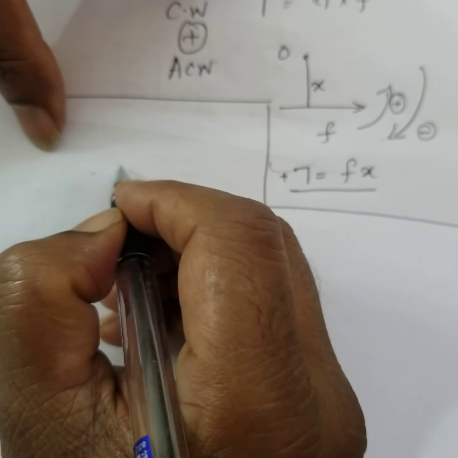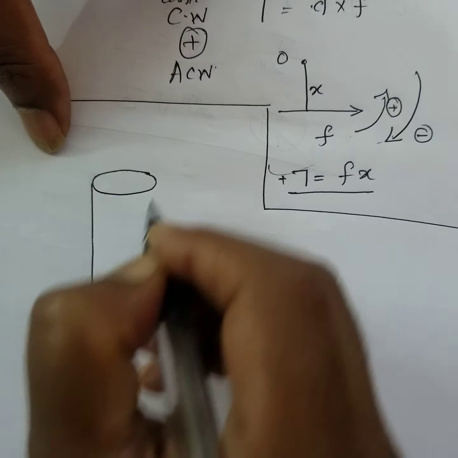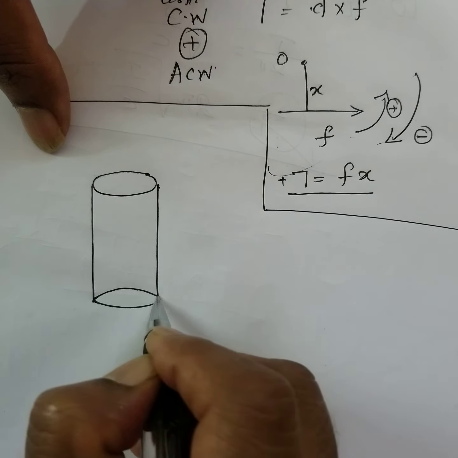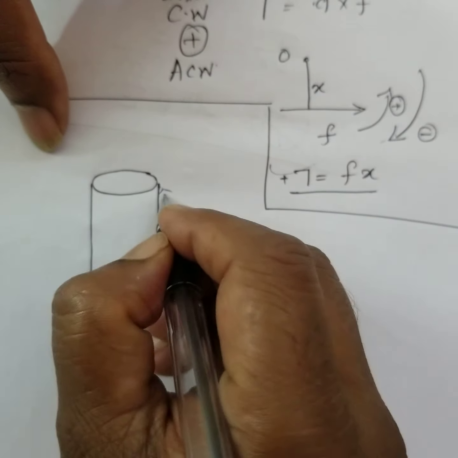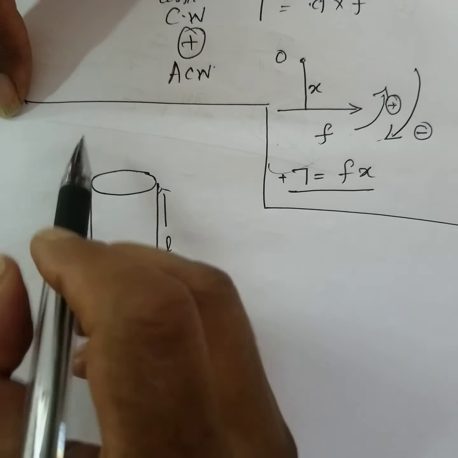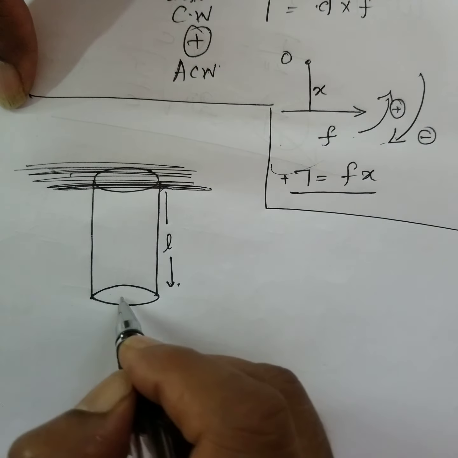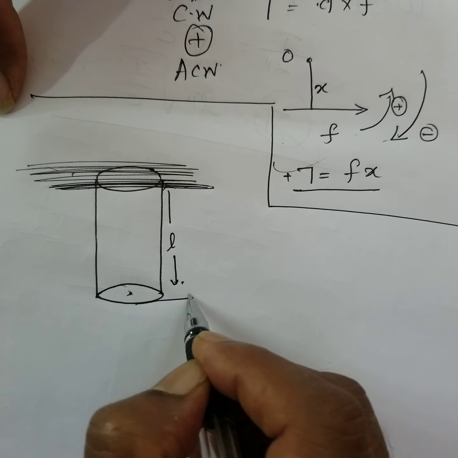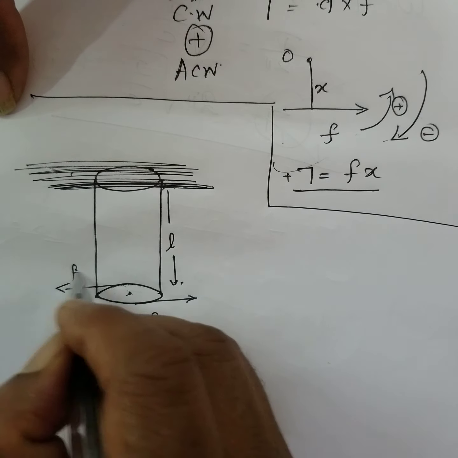Now consider a wire or a rubber cord or a cylinder, whatever it is, a rod or cylinder of length L. It is fixed at one end. Now I am applying a force here in this direction, and I apply an equal and opposite force.